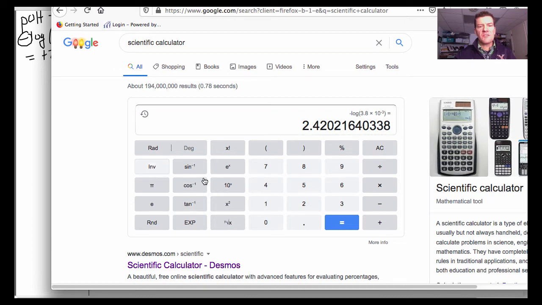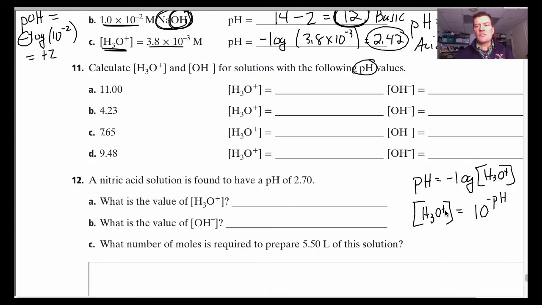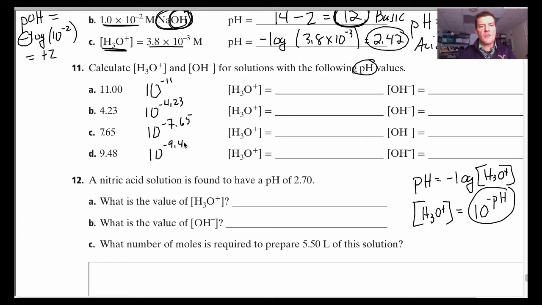If I do the second function of that, or the inverse function, it's 10 to the x. 10 to the x and log are inverse functions. So I want to find the concentration. On all of these, I'm going to do 10 to the negative pH. So 10 to the negative 11, 10 to the negative 4.23, 10 to the negative 7.65, 10 to the negative 9.48. And that's going to give you your hydronium ion concentration.